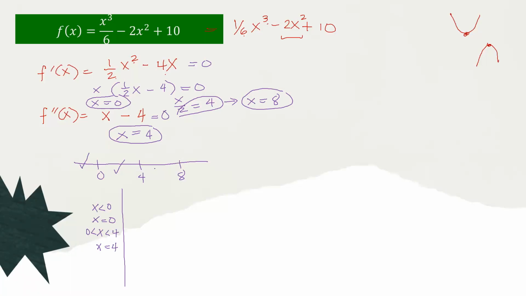And then we have between 4 and 8. We have x equals 8. And then we have x greater than 8. Yan. Tapos for the next column, we have f prime of x. Next column will be f double prime of x. The last column will be our remark.